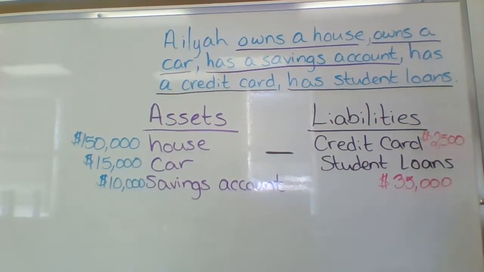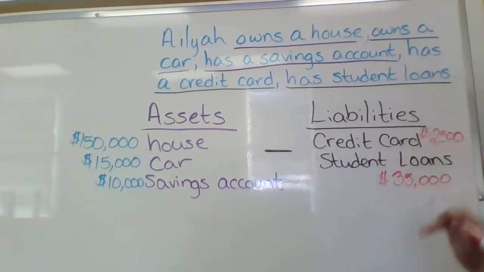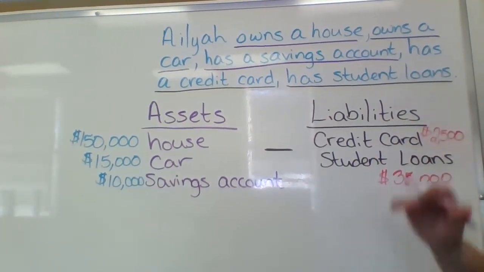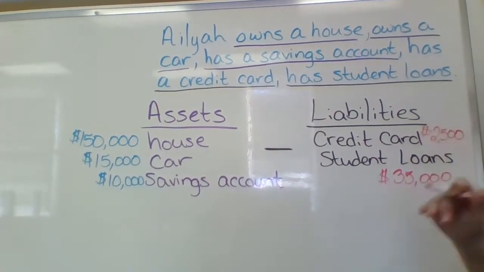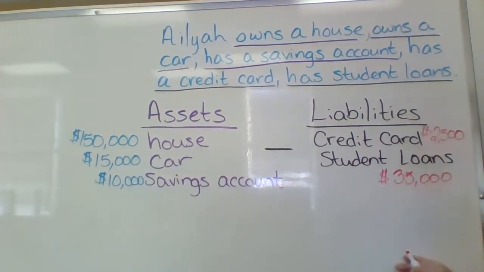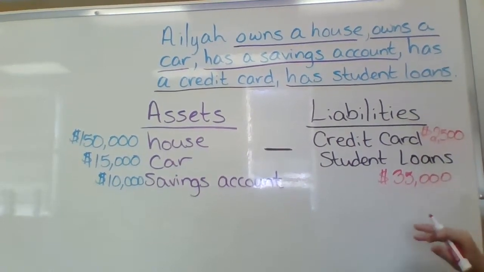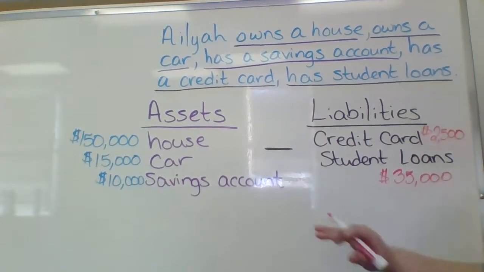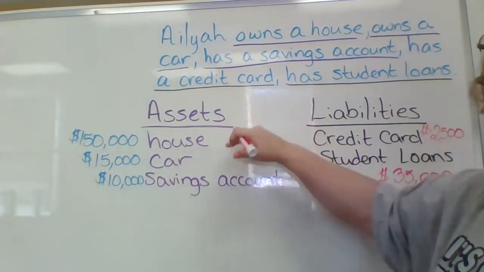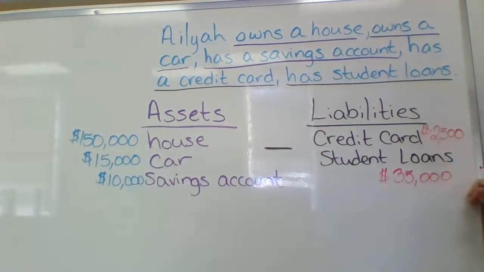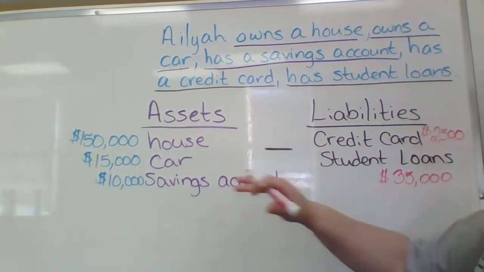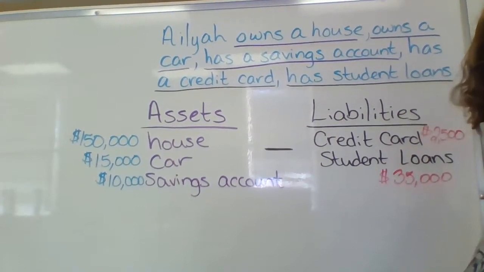All right? So now we're adding values to this. So now we can actually figure out what Aaliyah's net worth is. But remember, the most important thing you have to do first is to be able to tell me what is an asset and what is the liabilities. If you can't do this, then it doesn't matter what we do with those amounts.